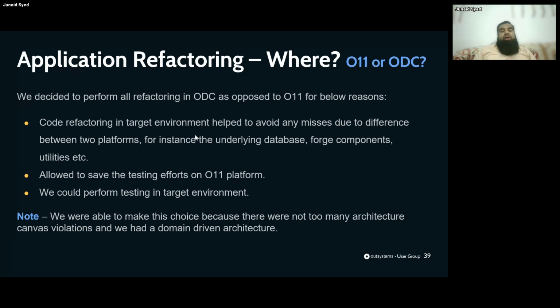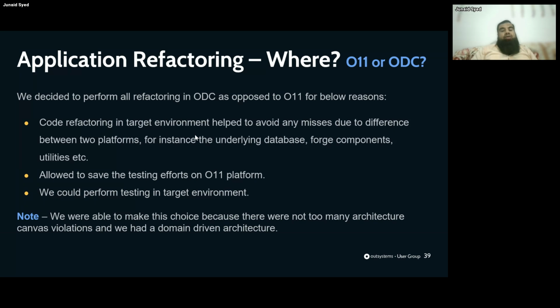I mean, we could have done it in O11, like if you remember the initial slides, the recommended guidelines from OutSystems, and the prepare for migration. So prepare for migration suggests performing all the refactorings in O11 before we migrate to ODC. But we did not take that approach, and there are reasons for that.